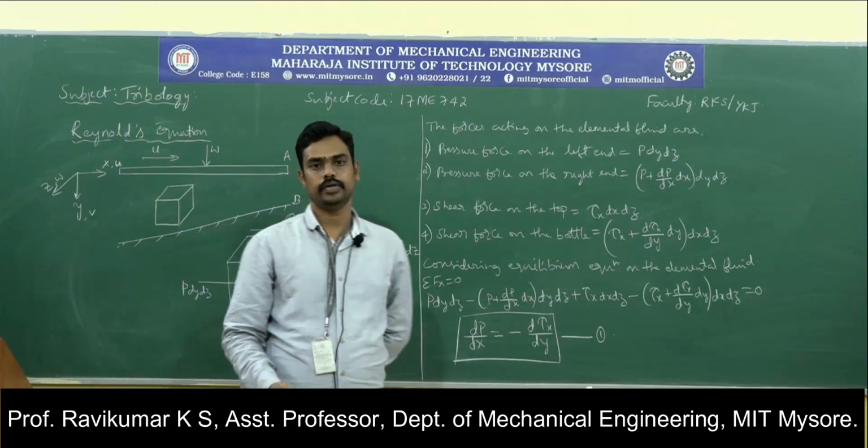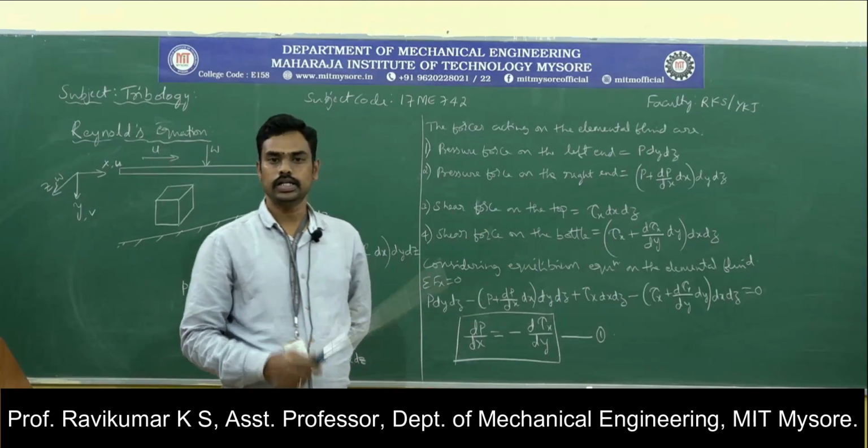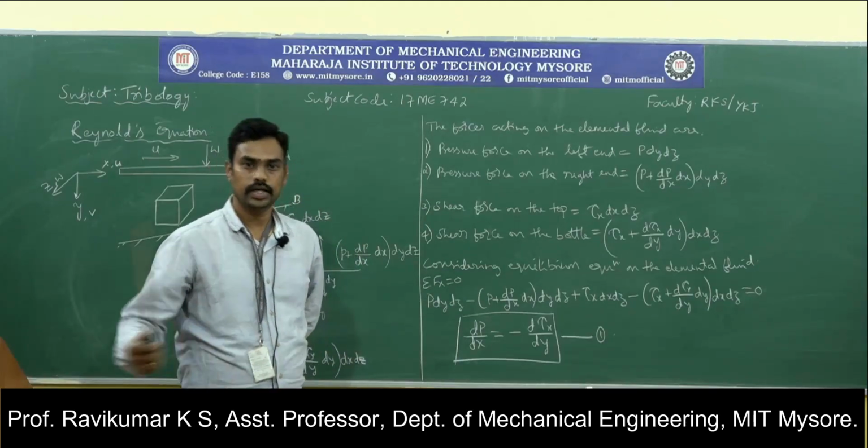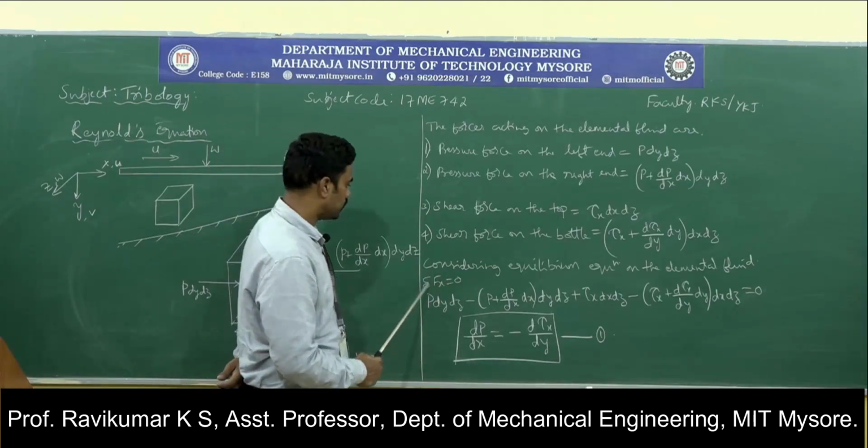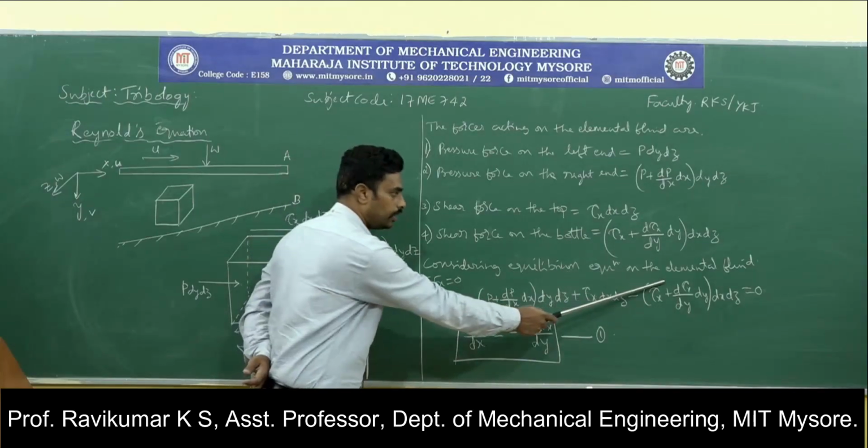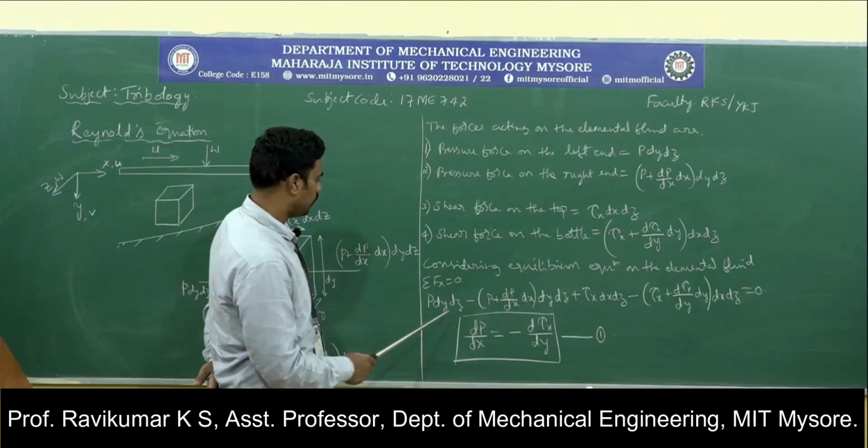So applying the equilibrium equation, considering the algebraic sum of all the forces in the x direction equal to 0. So consider the equilibrium equation on the elemental fluid like this.